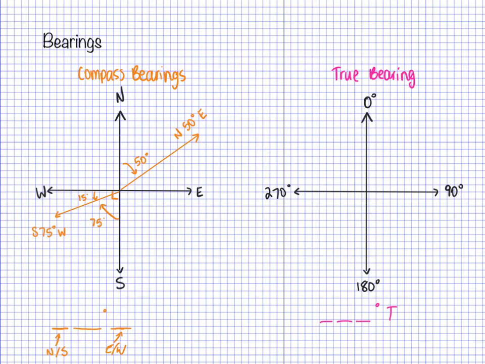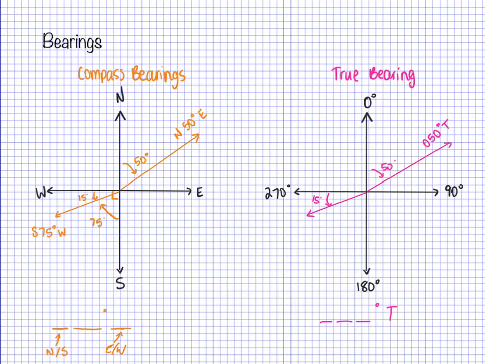The other thing about true bearings is that we always work clockwise around our compass. So if we had the exact same bearing from the first example, we would call this 050 degrees true. Likewise with the second example, here we've got 15 degrees from that west line, which is 270 degrees.